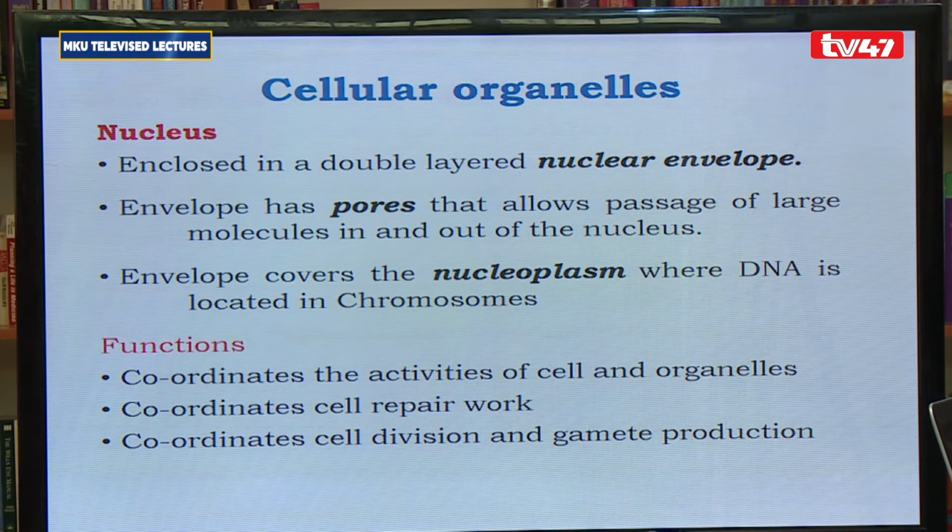So we normally call it the nuclear envelope. And like I had mentioned earlier, that envelope or membrane contains pores. Pores are like holes. These pores allow passage of large molecules in and out of the nucleus.